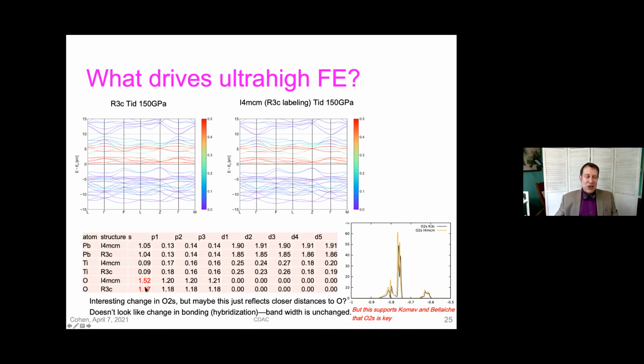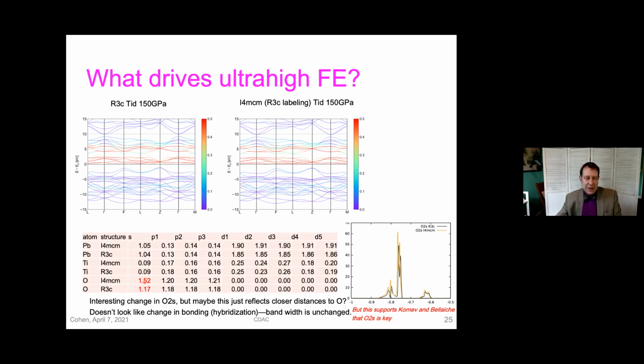It's the oxygen 2s, which is not supposed to be involved in bonding at all. And I would think that this was amazing, except this is exactly what Kornev and Balazs said 15 years ago. I guess they went through the same exercise, and decided that the only thing they could really see that was different was the oxygen 2s.